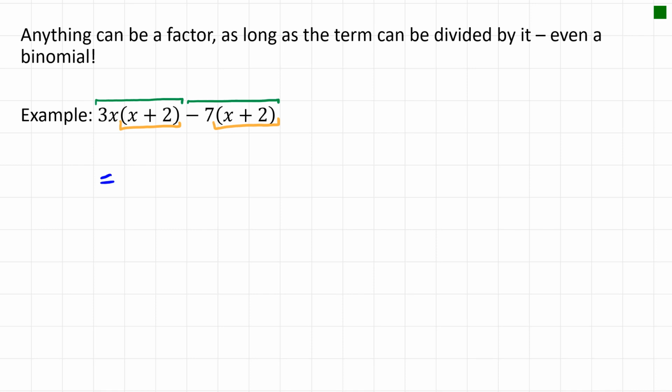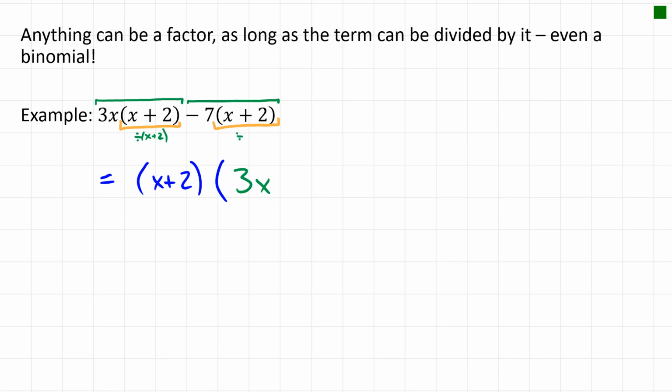So I can factor x plus 2 off of each term, leaving me with 3x, so 3x times x plus 2. If I was to divide that by x plus 2, I'd be left with just 3x.